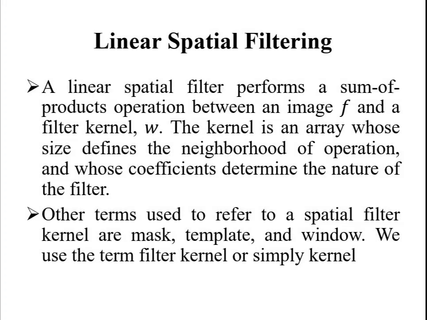A processed, that is a filtered, image is generated as the center of the filter visits each pixel in the input image. If the operation performed on the image pixels is linear, then the filter is called a linear spatial filter. Otherwise, the filter is non-linear.